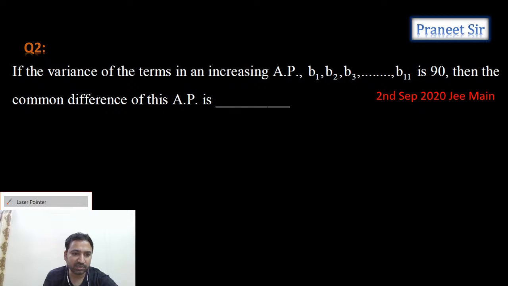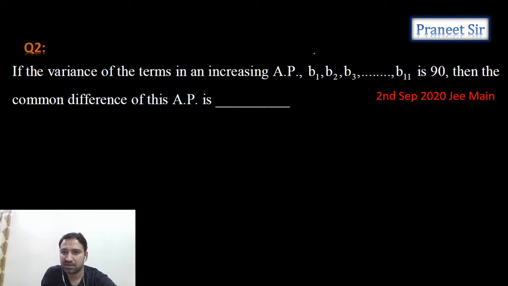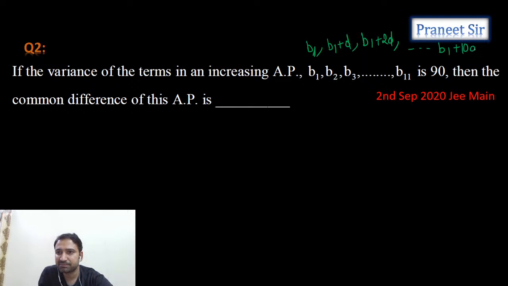So what we can do is, let's take B1 as the first term. So the next term is going to be B1 plus D. The next term is going to be B1 plus 2D. The last term is going to be B1 plus 10D. Correct? B1 plus 10D.